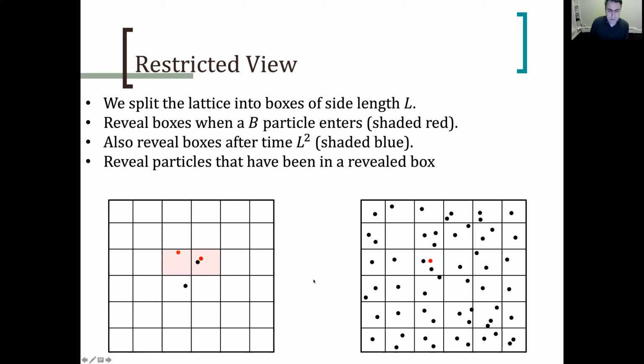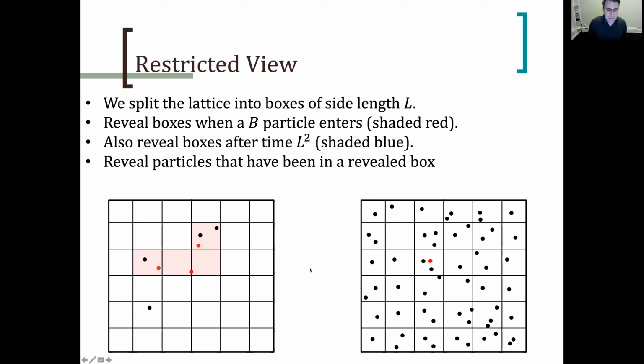And now 2 more boxes became shaded red, and the 2 particles here on the top one on the left correspond to the 2 particles in the corresponding box on the right.